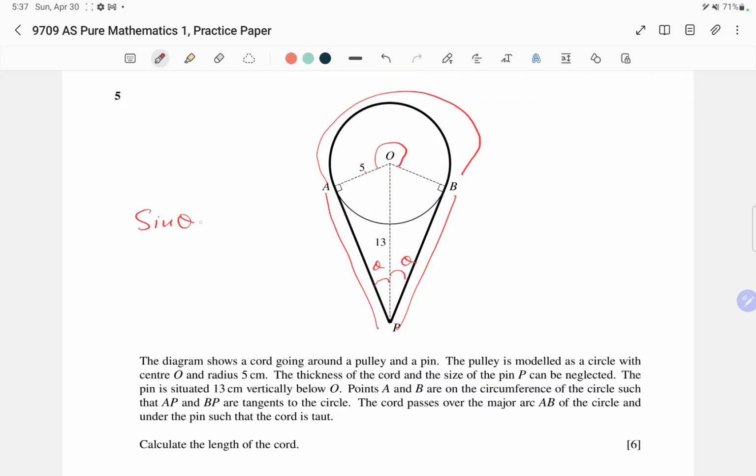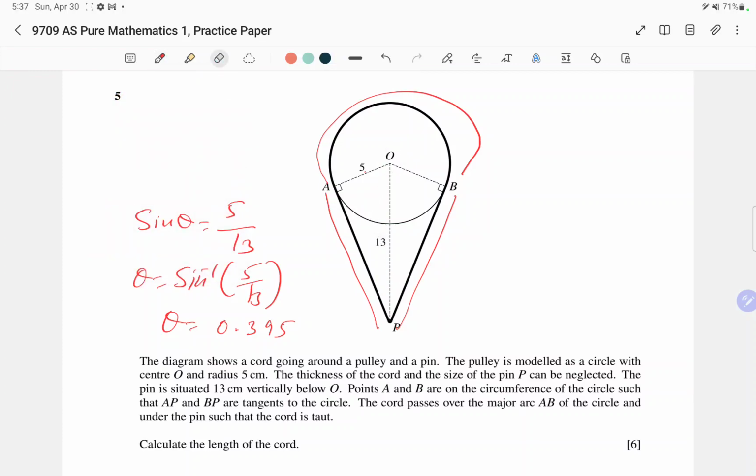So if I apply sine theta, then opposite is 5 and hypotenuse is 13. So theta is sine inverse 5 over 13. My calculator should be in radian. It's already in radian. So shift sine inverse 5 over 13, which is 0.395. So this is 0.395 now.